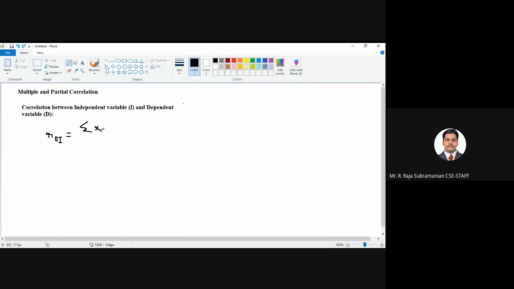First we wrote d, so we'll be writing d here now. x_d, that is the input values of x corresponding to d, and x_i, whole divided by square root of summation of x_d the whole squared minus summation of x_i the whole squared, minus summation x_i squared.